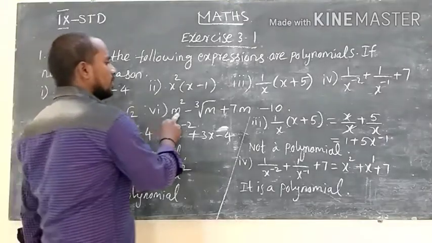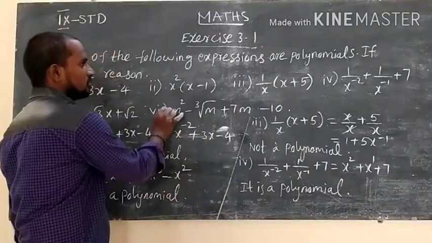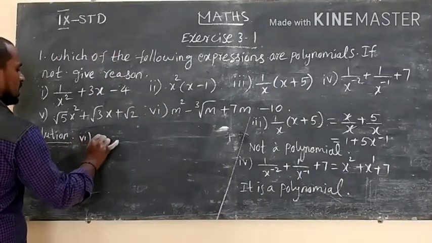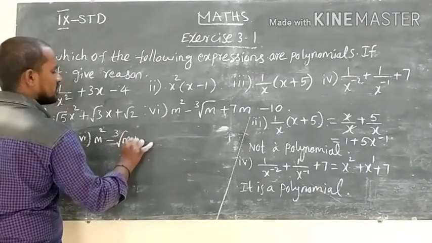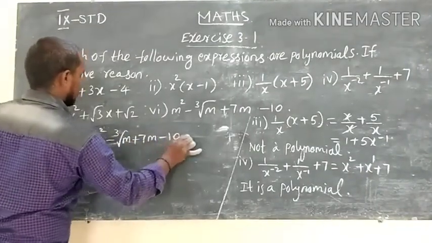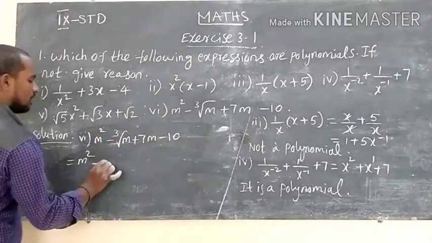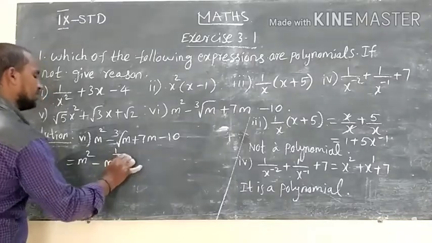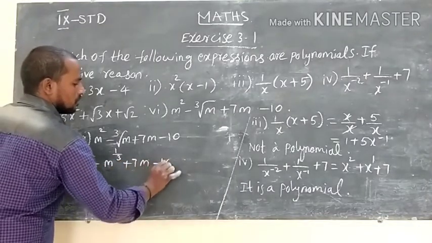Then here m is the variable. The sixth question is m square minus cube root of m plus 7m minus 10, which is equal to m square minus cube root of m, which can be written m power 1 by 3, the radical type, plus 7m minus 10.